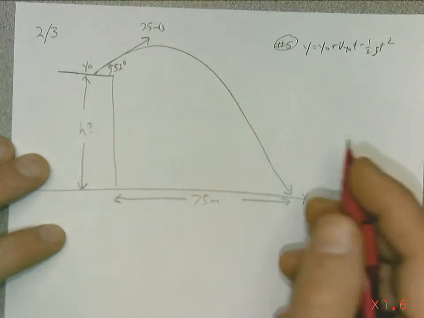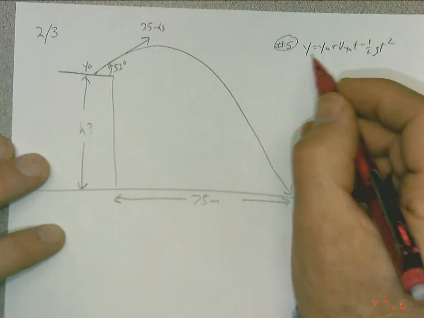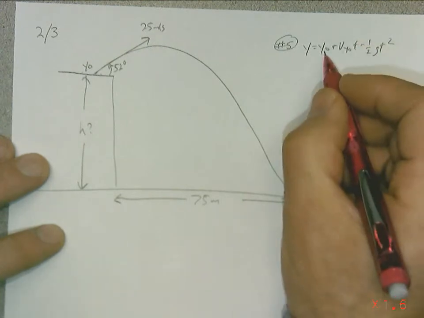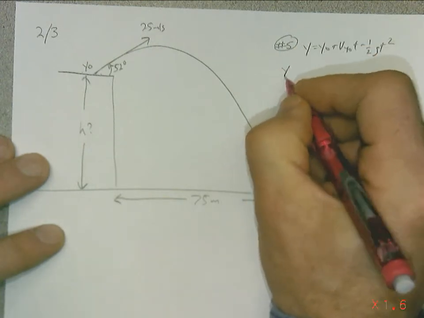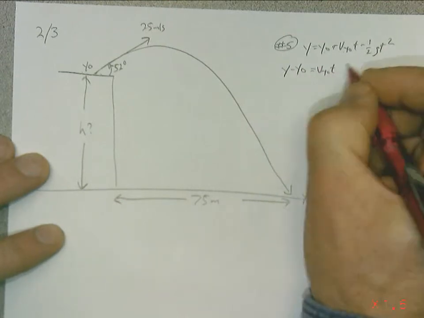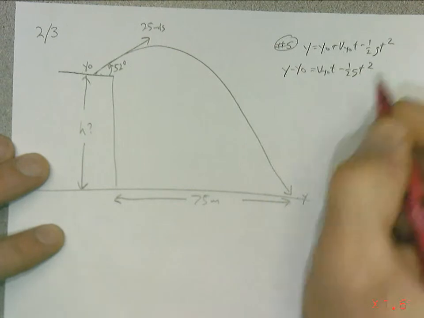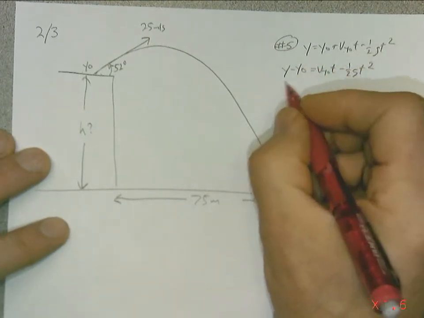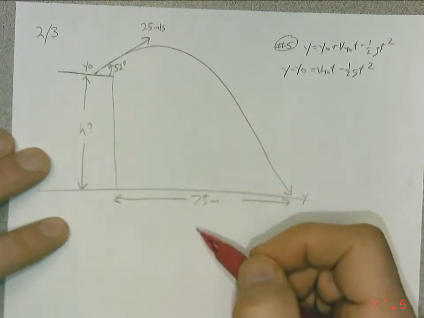Okay. Then this equation here, if we bring y0 to the other side, we have y minus y0 is equal to vy0 t minus 1/2 g t squared. And this y minus y0 really is the difference in height, so that is h.